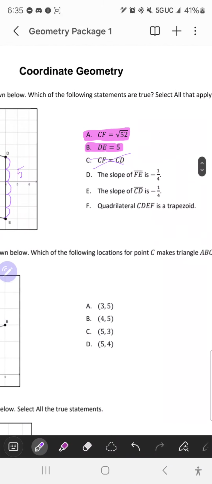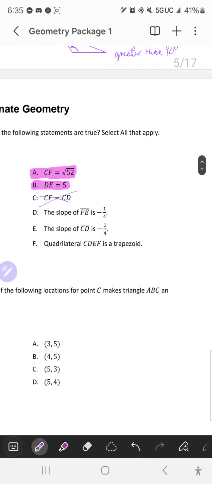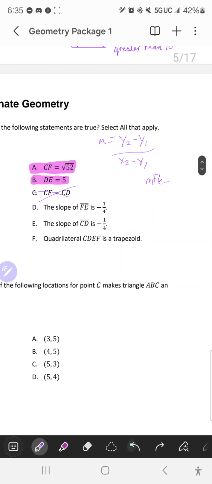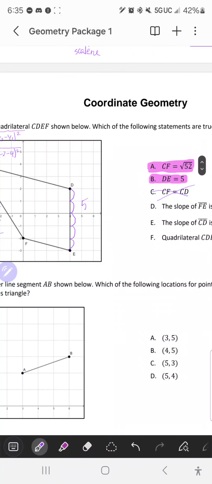Now, as I mentioned, the slope formula is y2 minus y1 over x2 minus x1. So the slope for FE is going to be equal, let me do this E like a period E.